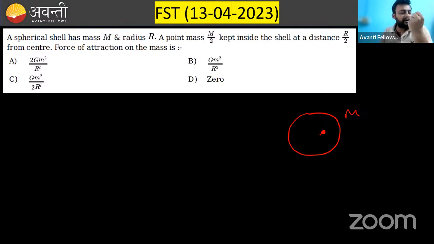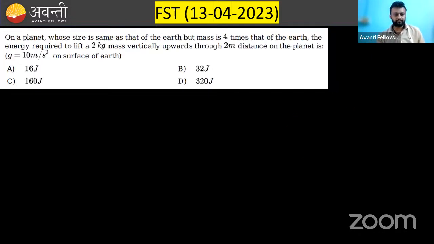If the gravitational field is 0, that means there will be no effect of the gravitational force. So the gravitational force at this point is also 0. What you should remember is that the gravitational field inside a spherical shell is 0. That's a simple theoretical question, nothing else.